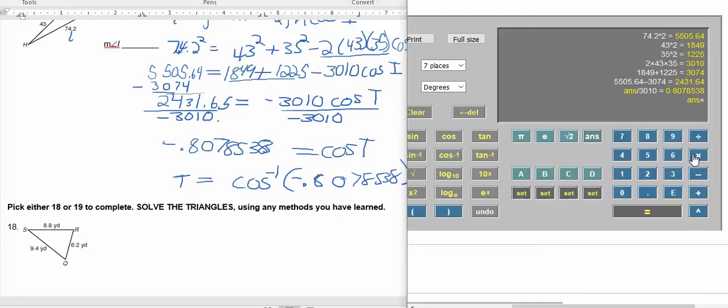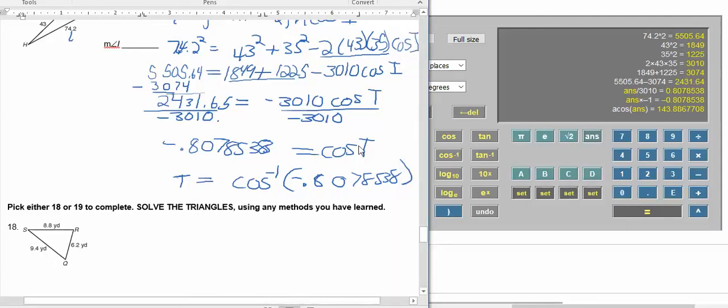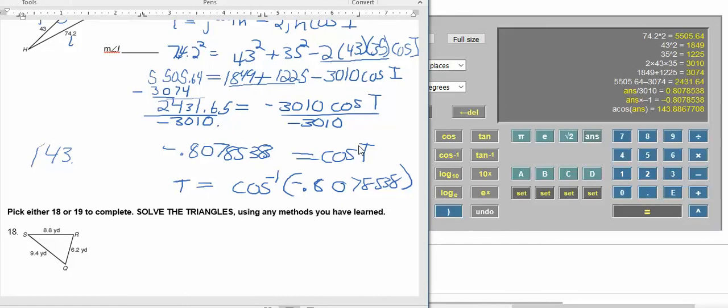I'm going to take my answer times negative 1. Does that work? Yeah, okay. So there's my answer, and I want to take the inverse cosine of that. So I want the inverse cosine of my last answer, which was the negative 0.807, and so on. And then I get 143.89 degrees for angle I.